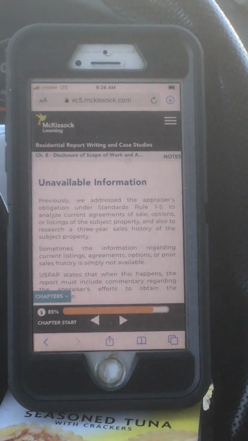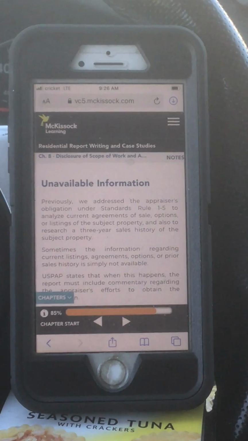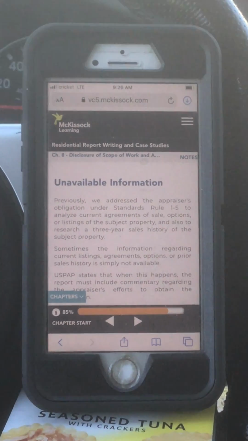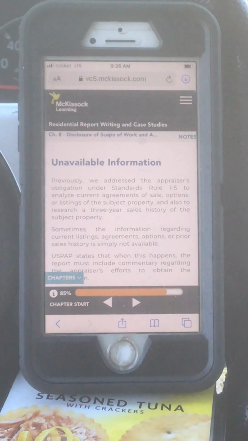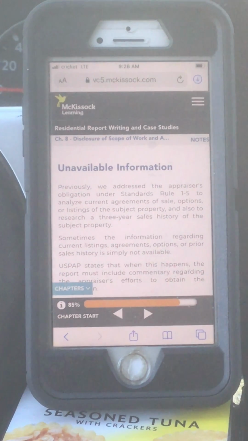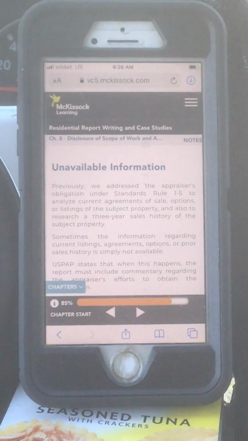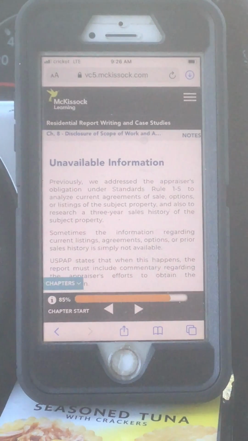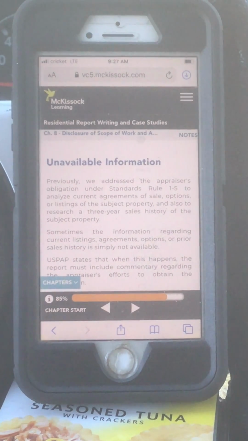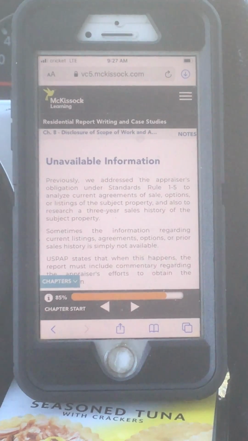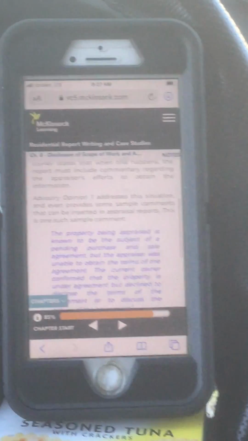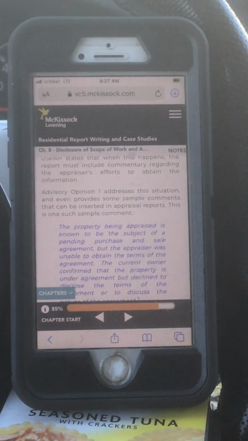Sometimes the information regarding current listings, agreements, options, or prior sales history is simply not available. USPAP states that when this happens, the report must include commentary regarding the appraiser's efforts to obtain the information.